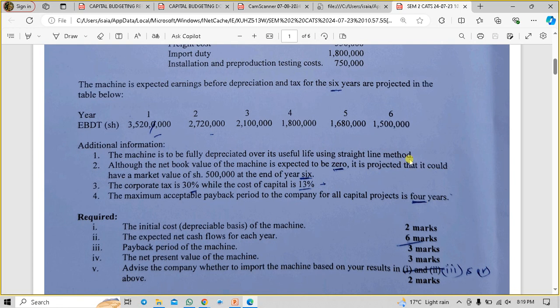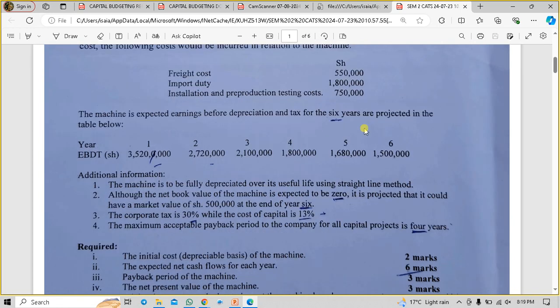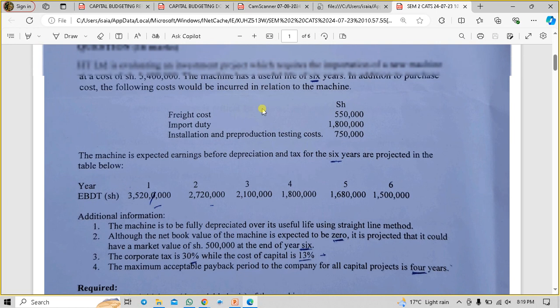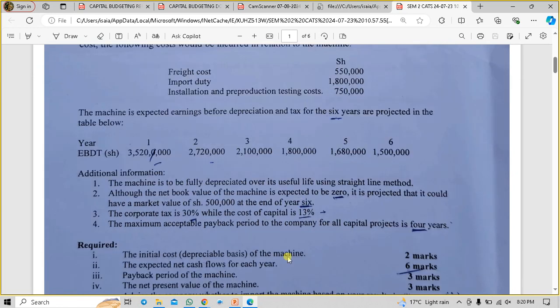So this one is a project of importing a machine that is worth 5.4 million, and these are the additional costs. The maximum acceptable payback period to the company is 4 years.